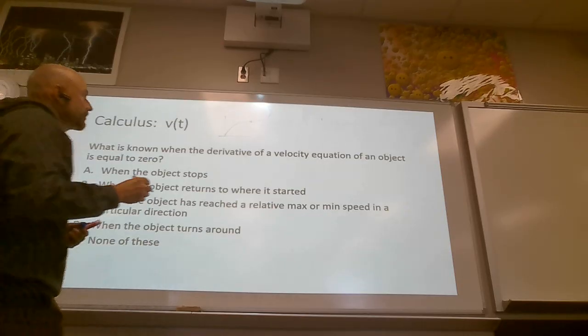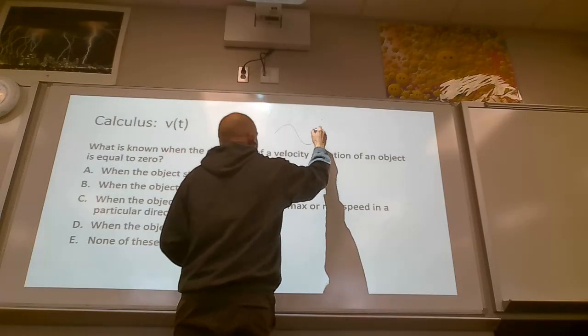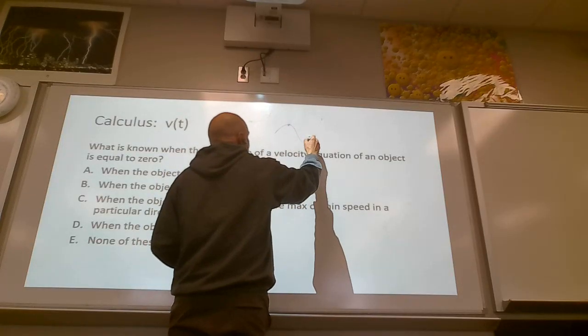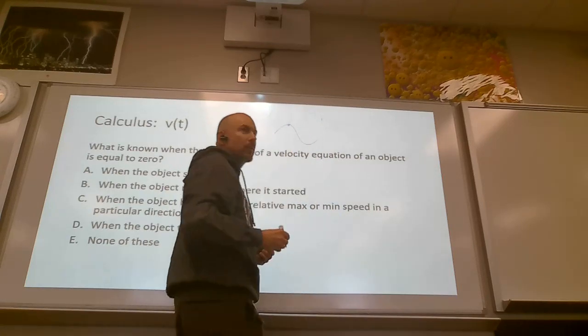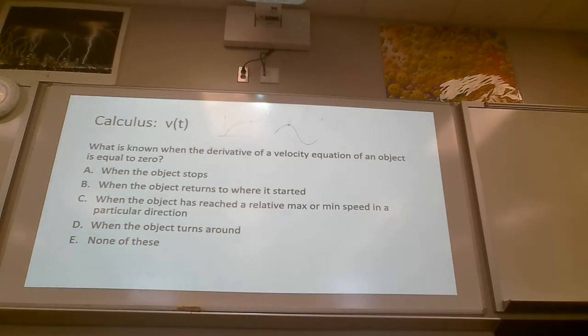Typically, that would be a maximum speed or a local minimum, local maximum. Not always, but in this class, it's usually. The correct answer is E. The literal correct answer is E.